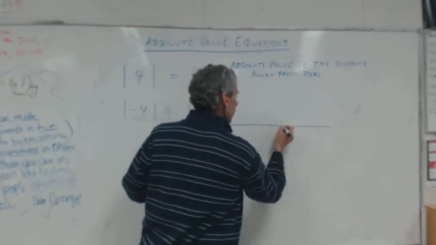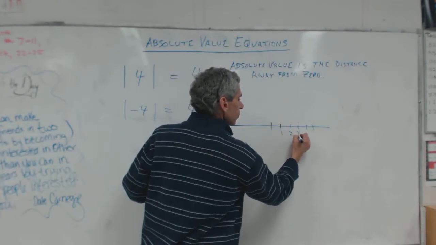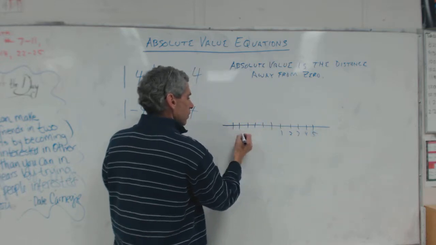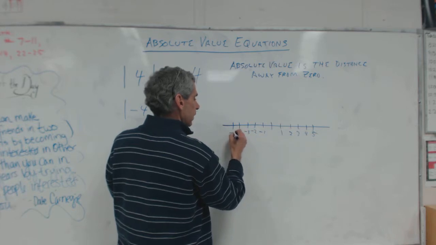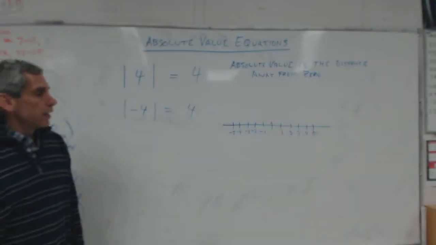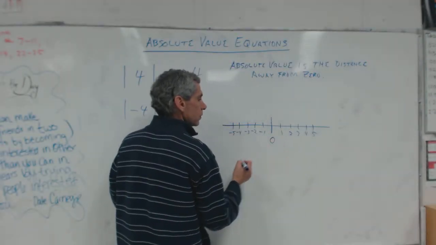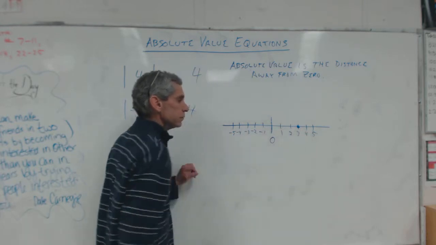For example, if I have a number line and I have 1, 2, 3, 4, 5, and -1, -2, -3, -4, -5, right? All right. Here's 0, right? This right here is 0. Okay. Right here, I have 3.